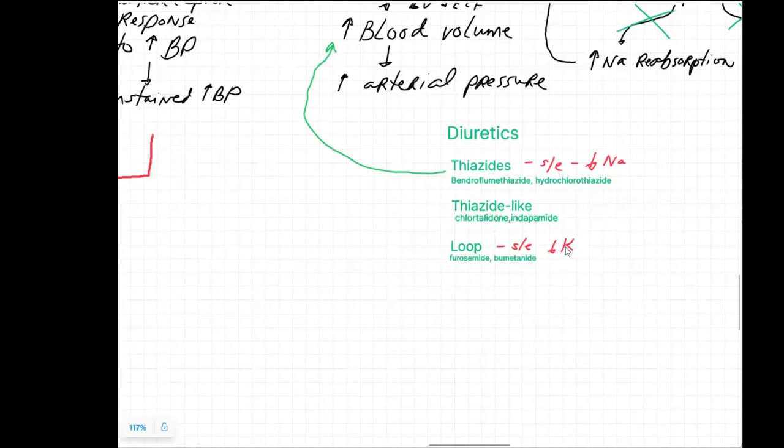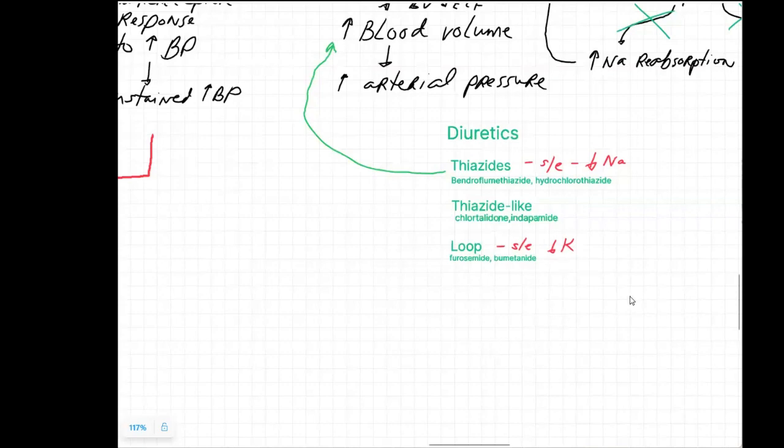Now with hypokalemia, generalized weakness might be an issue, but more importantly, when they're taking a loop diuretic, typically this is also given to patients who may have congestive heart failure. Those patients may also be taking an inotrope medication to increase the contractility of the heart.